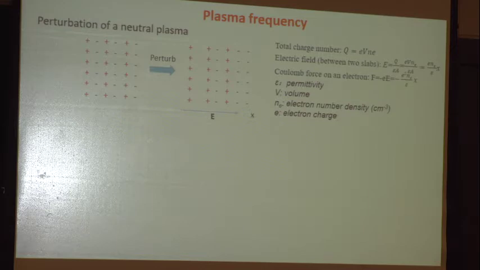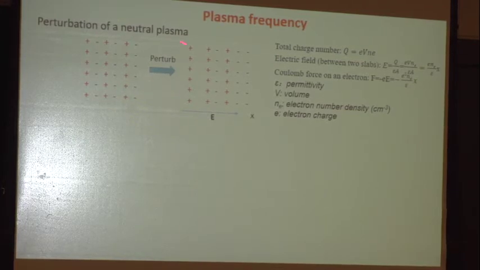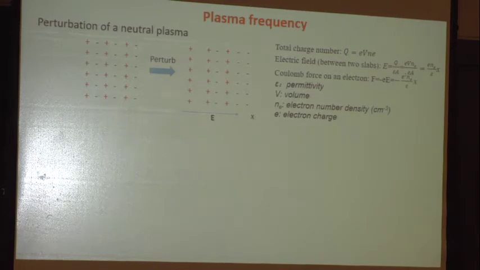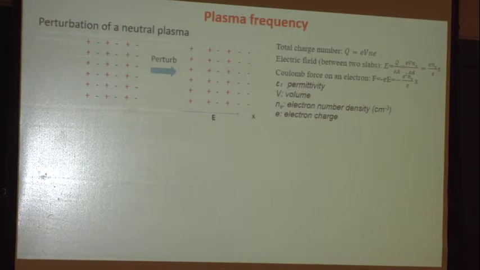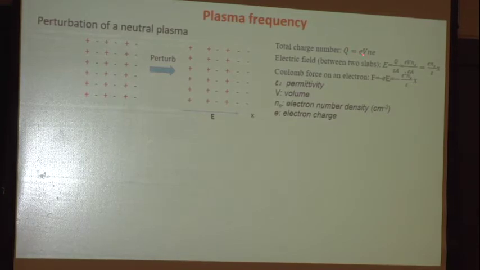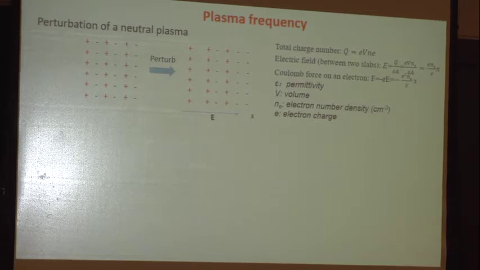So what is the fundamental frequency of plasma? This is very simple mechanics. For example, if you have a quasi-neutral plasma, positive and negative, and you put an electric field, E, to perturb the charges. Let's say the electric field is in this direction and the electrons shift in that direction. You can calculate that the total charge equals the charge per electron times the volume times the electron number density.